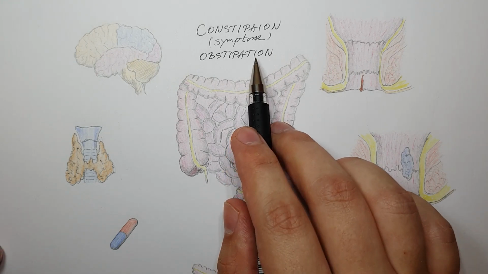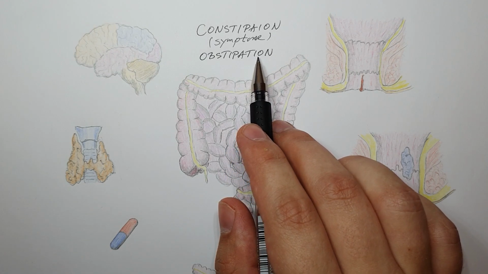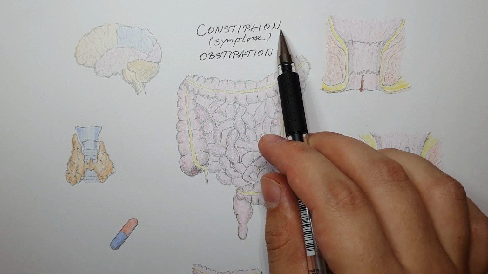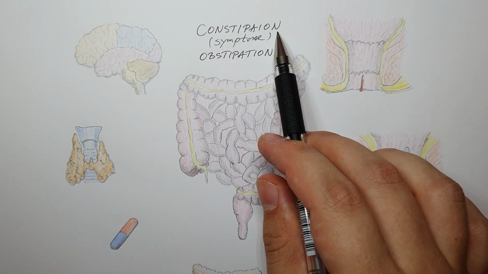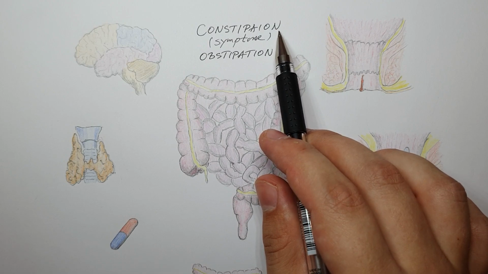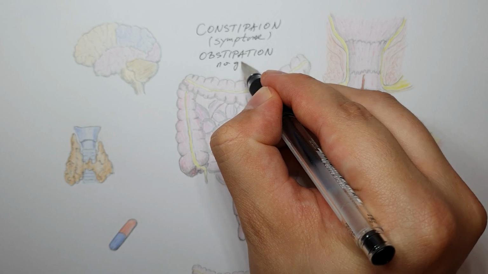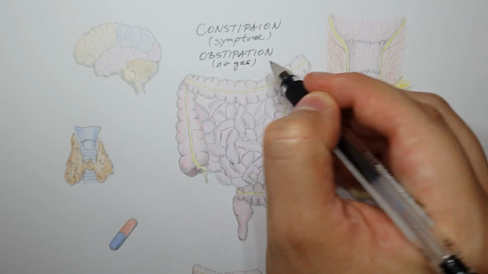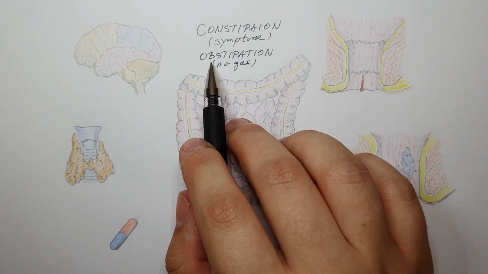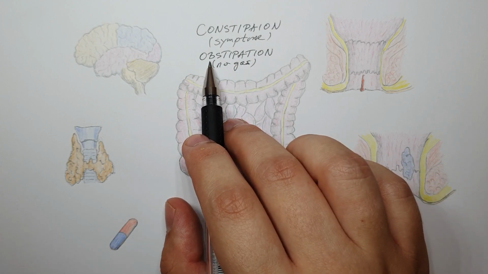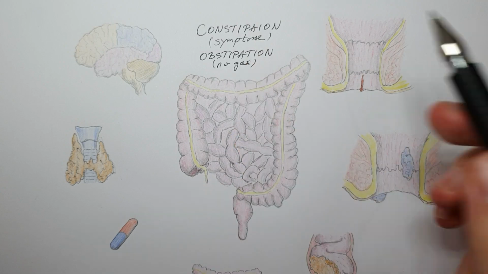But in obstipation, there is actually no passing of stool and no passing of gases. In constipation, there is always at least some passing of gas, but in obstipation, there will be no gas. And this is a more severe problem than constipation.